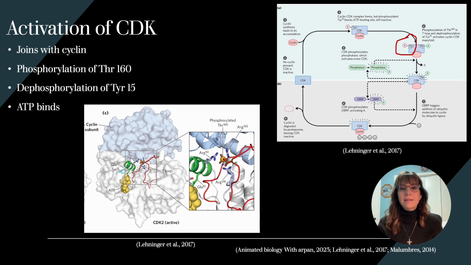That blocks the ATP binding site. Well, on the other side is the threonine 160 residue. When it becomes phosphorylated, then this one becomes dephosphorylated, and that finally allows ATP to bind. So once you have the cyclin and the CDK become a complex, you phosphorylate one thing, dephosphorylate another thing, then ATP can bind and the whole thing becomes active.